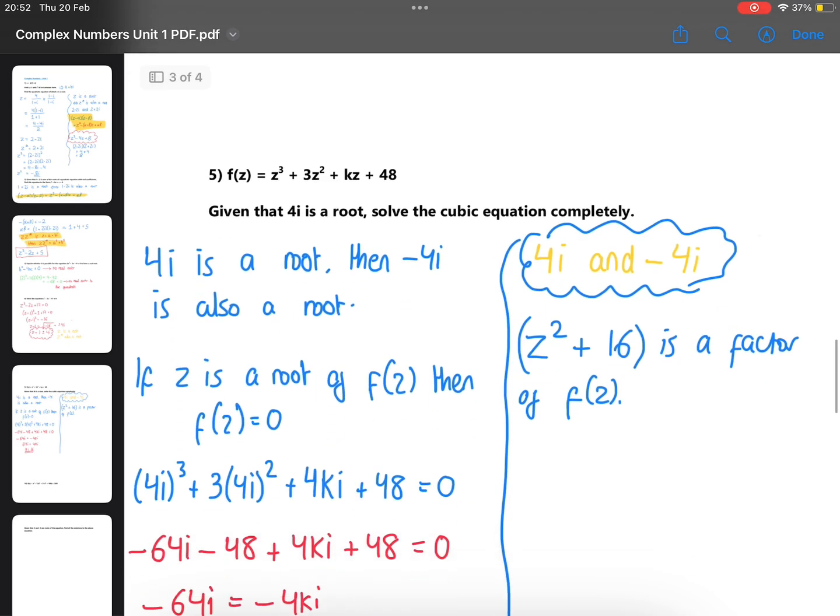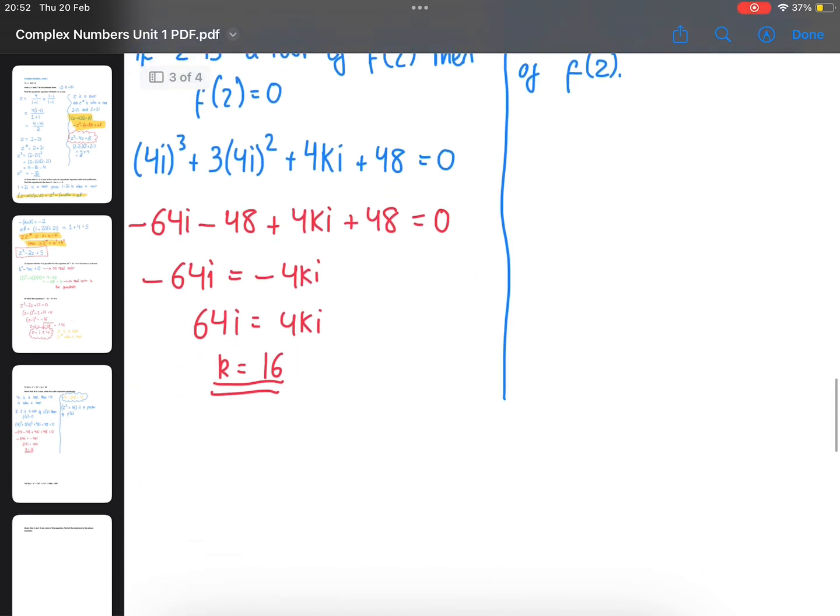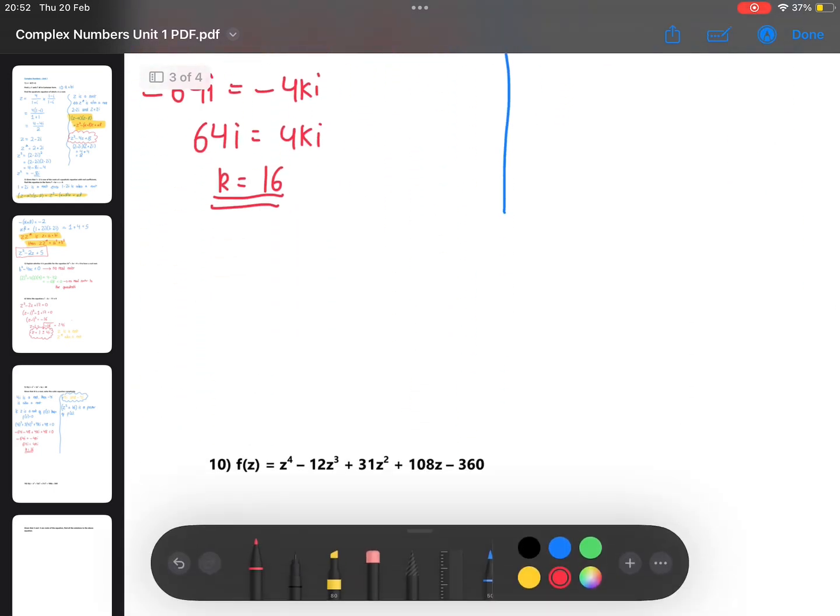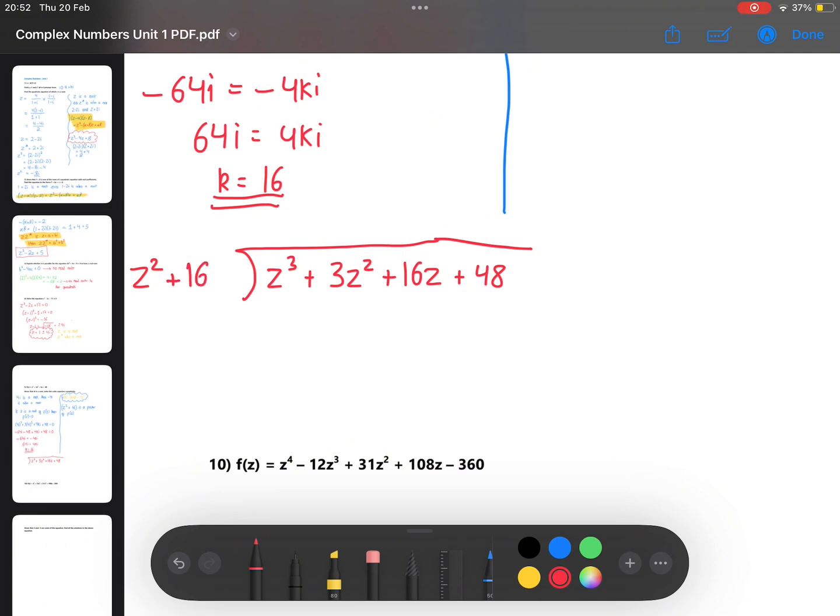So we have 3z squared plus 16 plus 48. And we're dividing that by z squared plus 16.